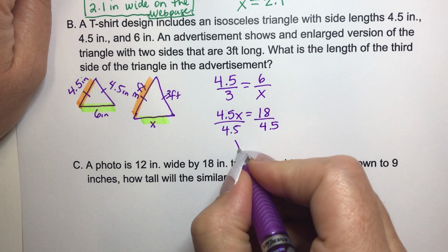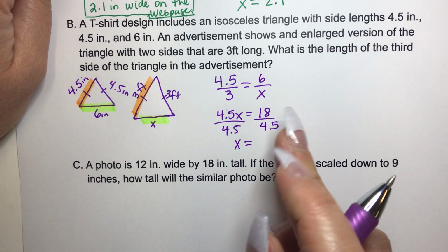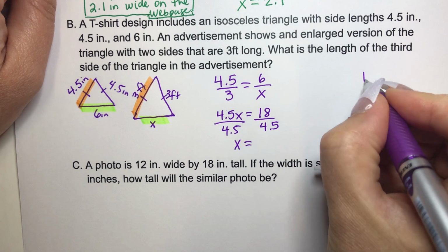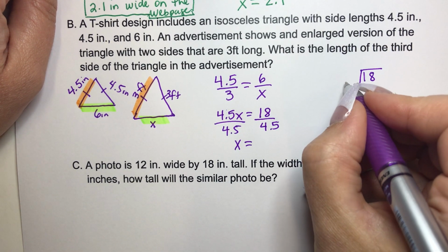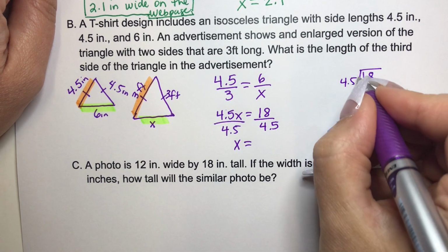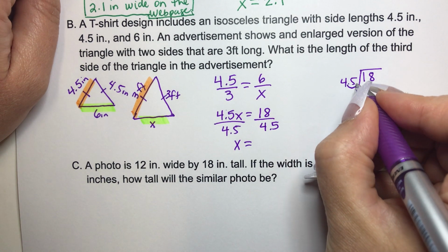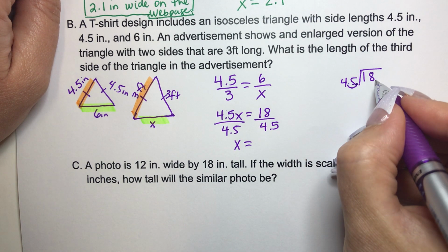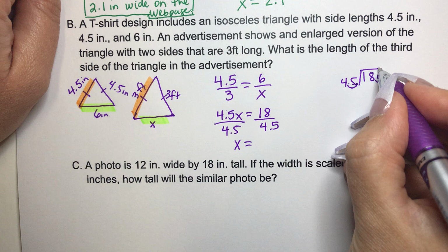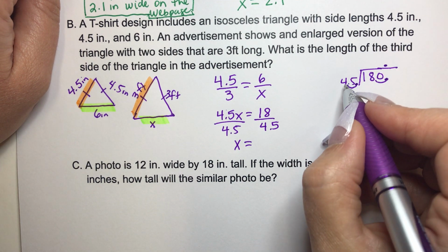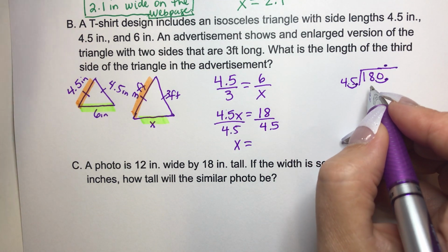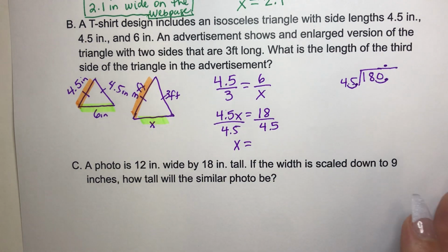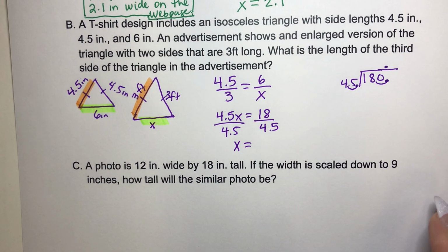That becomes 1. x equals, and I'm just going to take this on my side over here. So 18 over 4.5, right? We can't divide by a decimal, so we have to move the decimal place over 1 and move it over 1 here. 45 doesn't go into 18, but it does go into 180. How many times? Let's think about this.